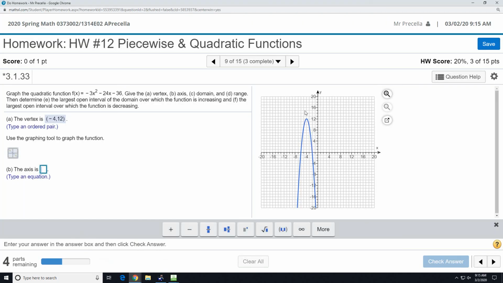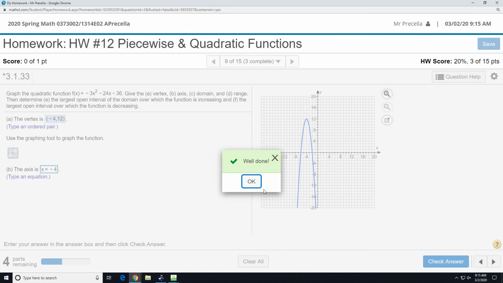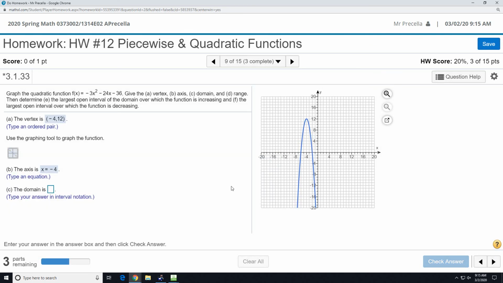If we were drawing a vertical line straight through it, it would be there at -4. X equals -4. Remember we had said that vertical lines have an x in their equation and no y. Horizontal lines have a y and no x. So x equals -4 is the equation of that vertical axis. It's not just -4. It's x equals. And it's not just a big coincidence that this number and this number are the exact same. They've got to be. So you just take that x coordinate of the vertex and say x equals to get the axis.